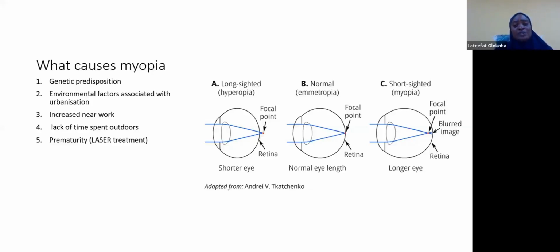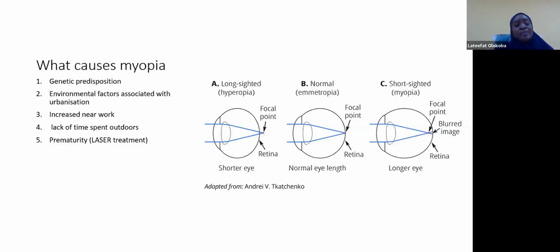So what are the factors that are responsible for tilting a child into myopia? An interplay of factors have been identified to be responsible for this. First is genetic predisposition. Children of parents that are myopic generally tend to have myopia.